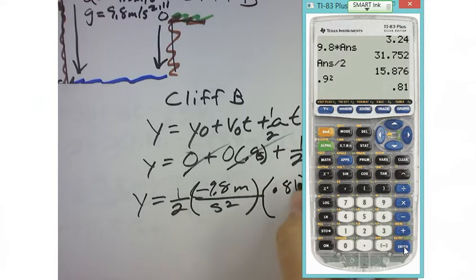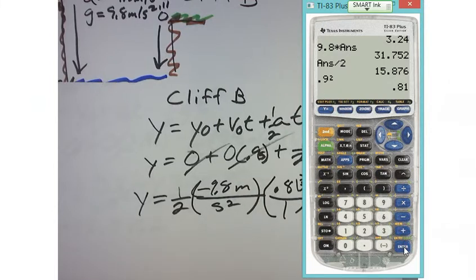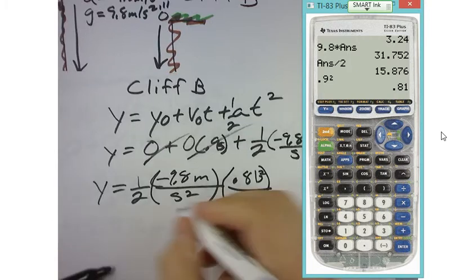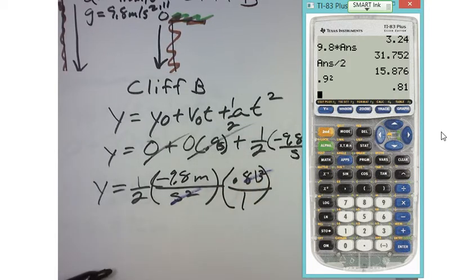And that's seconds squared all over 1. So what happens to the seconds squared, you guys? Cancels out, right? We're looking for a distance. Oops, I got a little cancel crazy. Canceled out my 0.81. I just wanted to cancel the seconds.